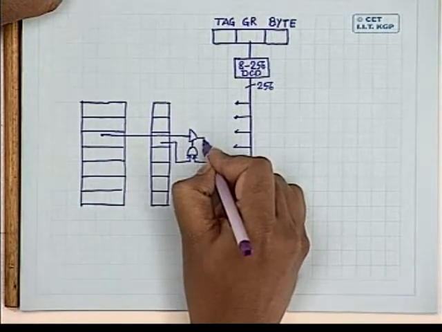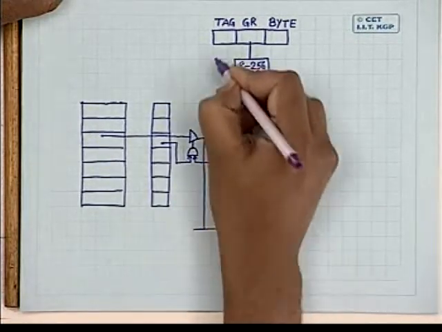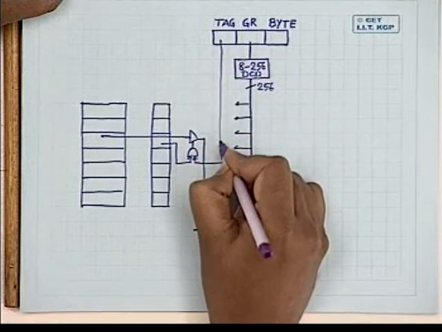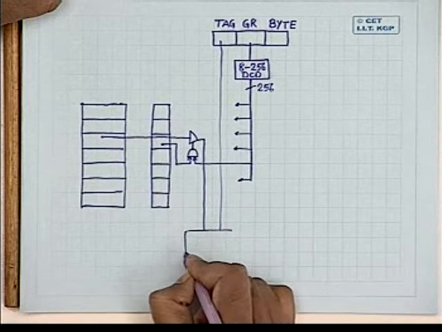So I have to compare this buffer output with the content of the tag memory. So here what I have to have is a 5-bit comparator.